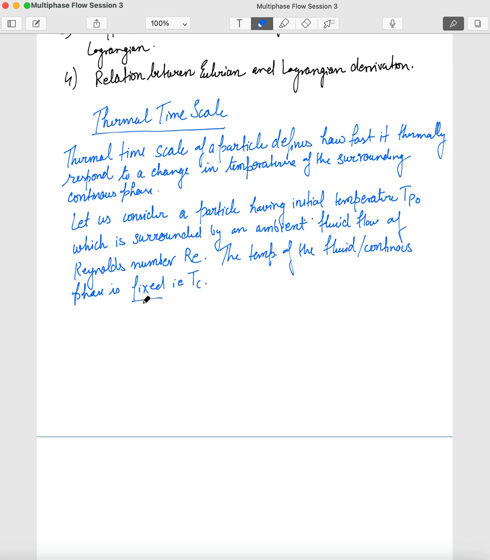Fixed means that whatever heat transfer there is between the continuous phase and the particle, there shouldn't be any change in the temperature of the continuous phase. It's like a heat bath, or we can say that whatever temperature it is at, it will remain as it is. Okay.